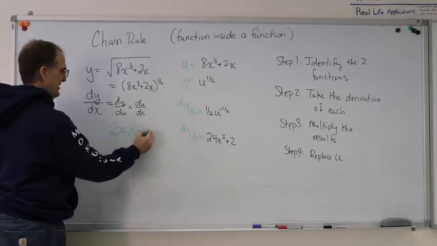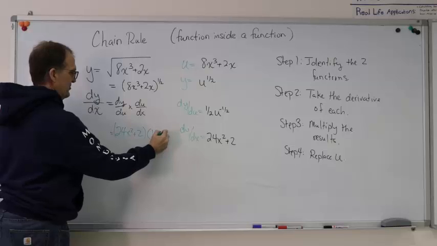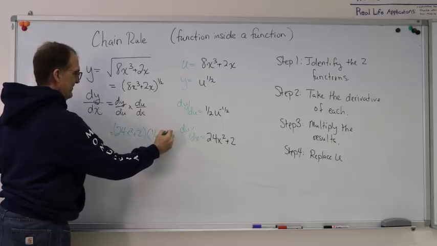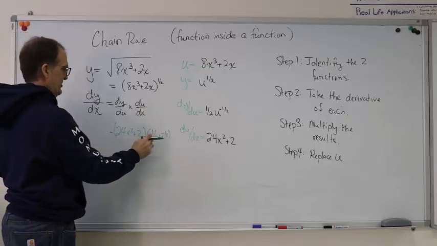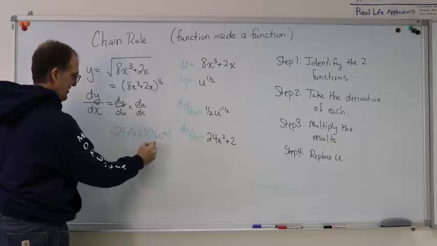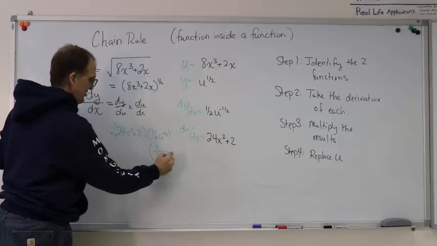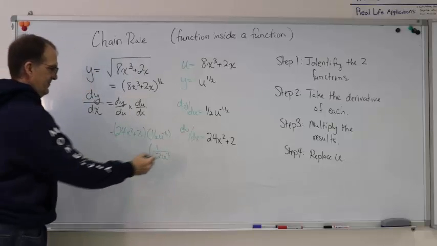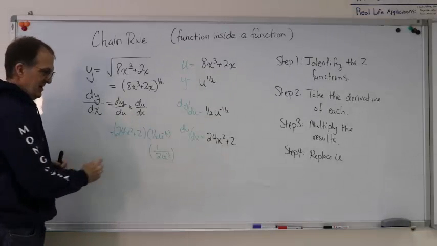Now, you have to realize it's that times 1/2 u to the negative 1/2. Just to make life easier, let's rewrite this as 1/2 u to the half. Is that okay?